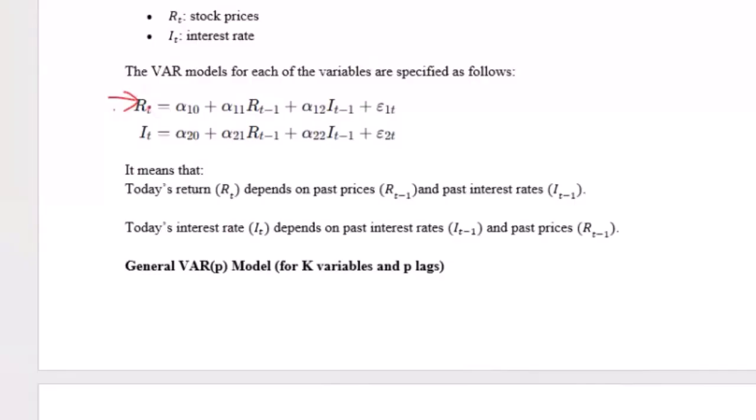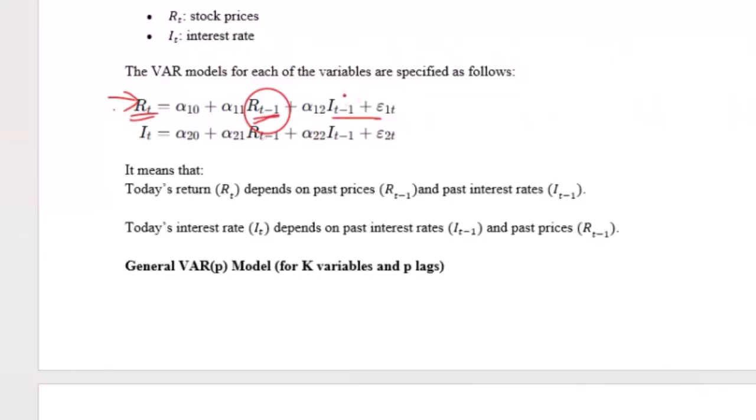Note that this t, let's assume it means year 2026. So the stock prices of year 2026 will be determined by R(t-1), that is 2026 minus 1, which is 2025. So the stock prices of 2026 are explained by the stock prices of 2025 and the interest rate of 2025.